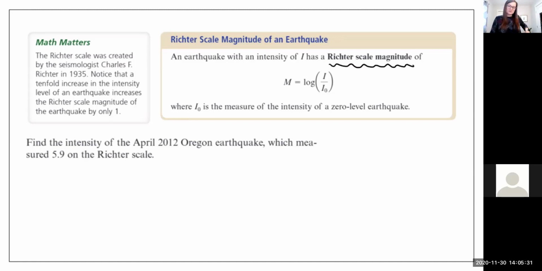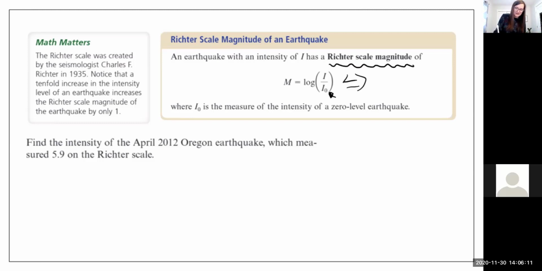And so just out of interest, they developed the Richter scale to represent the ratio of intensity. So the intensity of the earthquake as compared to a 0 level earthquake. The amount of shaking they see on their little measuring charts would be the 0 level, and then the number of times that this new earthquake has been in compared to the regular base scenario is the measure of intensity.